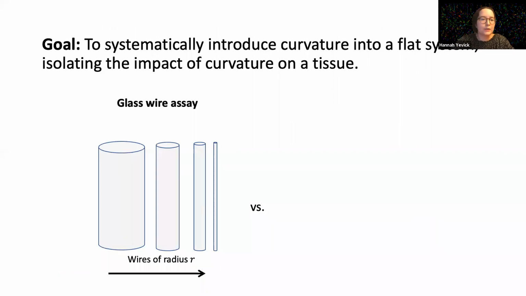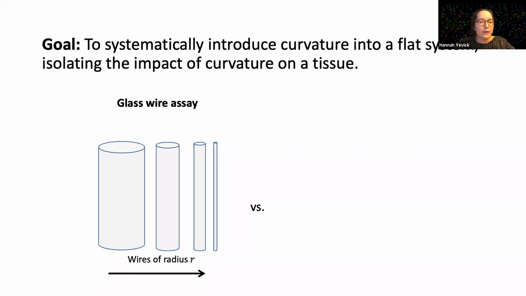My goal was to systematically introduce curvature into a flat system to isolate the impact of curvature on a tissue. To do so, I used a glass wire assay by seeding cells on the outside of glass wires of decreasing radius. As you can imagine, cells grown on the outside of large enough glass wires are in a nearly flat condition, and then you can tune in out-of-plane curvature into your tissue.